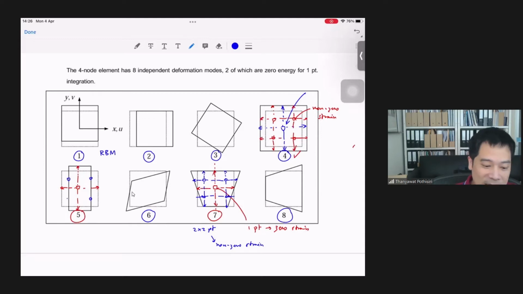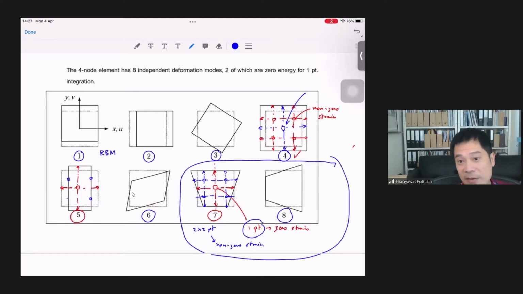Okay. So you can see that if you use 1-point rule, you would have these two modes of deformation that would give you 0 strain and 0 strain energy. Okay. So these two modes are called 0 energy modes.